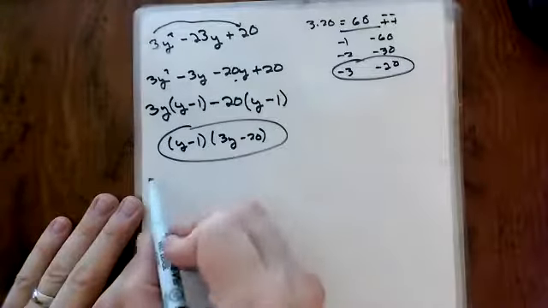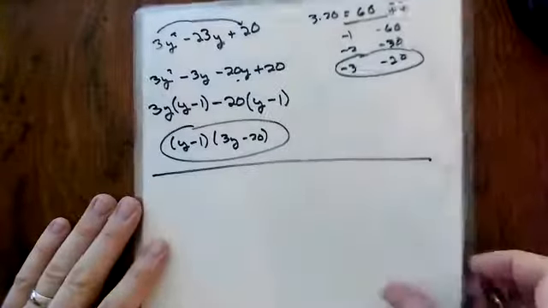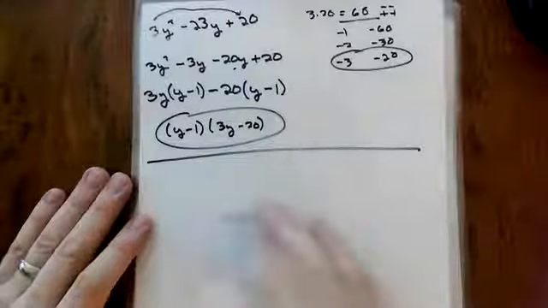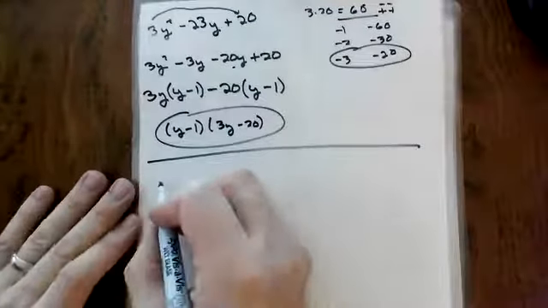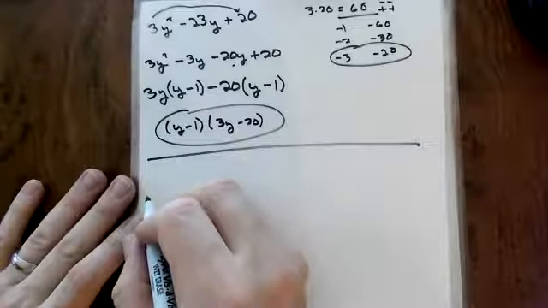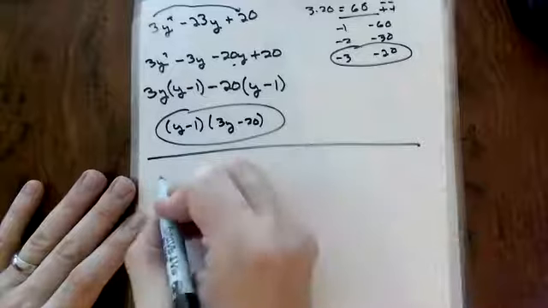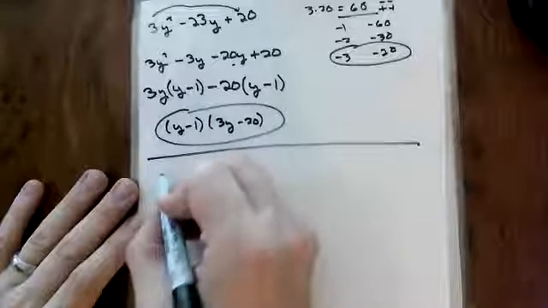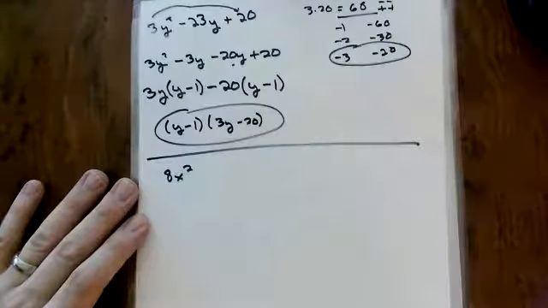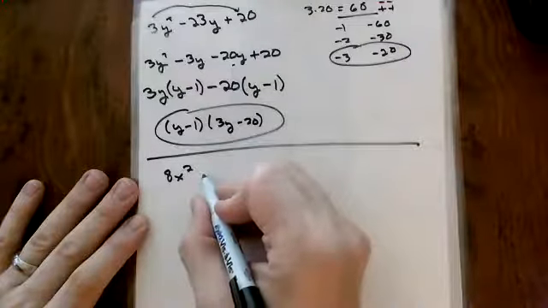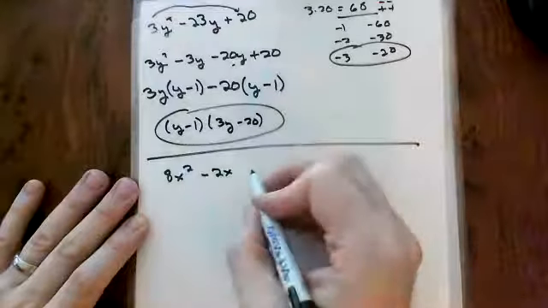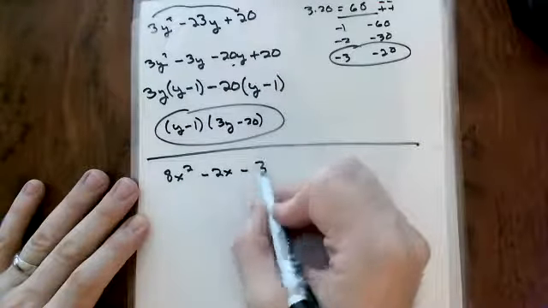Cool. Let's do it again. Let's do another example. This time I'm going to do 8x squared minus 2x minus 3.